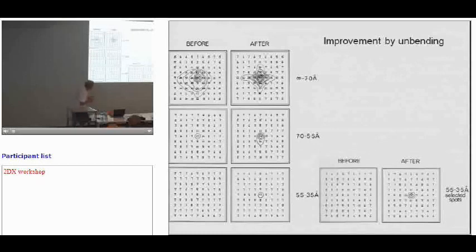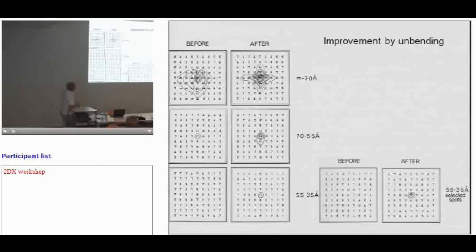And the thing I should also emphasize is that in order to be confident that we were doing the right thing and not somehow reinforcing noise, which is a big problem in single particles, because you don't have this spot with background around it, all the unbending was done on that originally filtered image, and we only used spots you could see in the original optical or computed diffraction pattern.